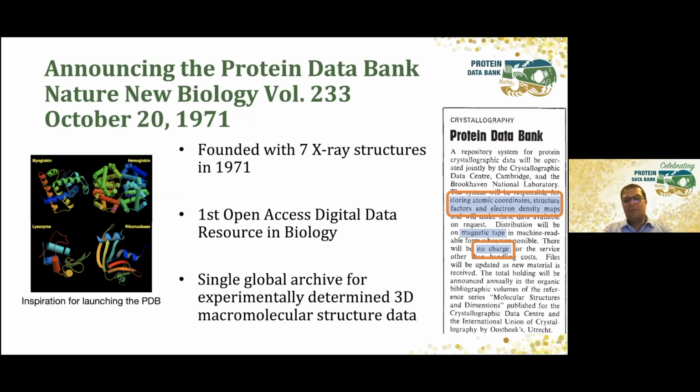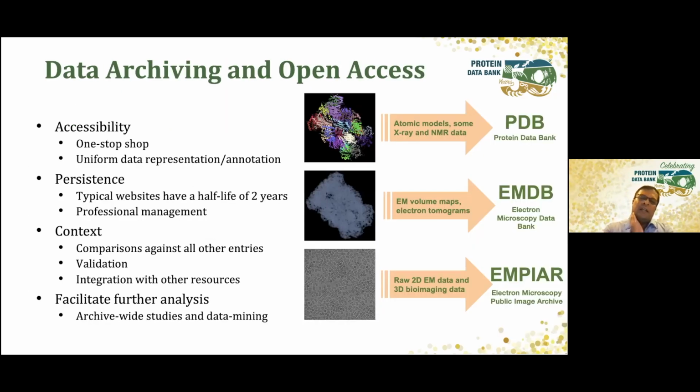And this was the first open access resource in biology and a single global archive of all experimentally determined structures. Now, why archive structures and why have them open access? So the first and foremost, I think, is the accessibility. So you have one place where you can get all the data.